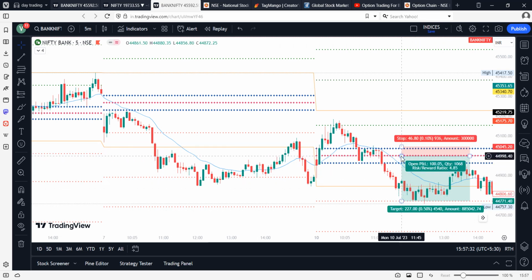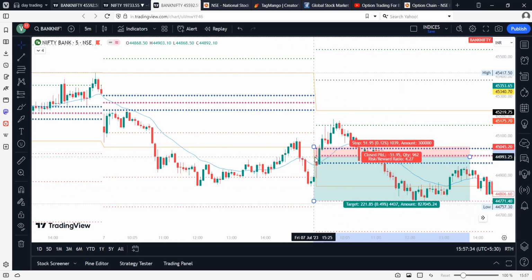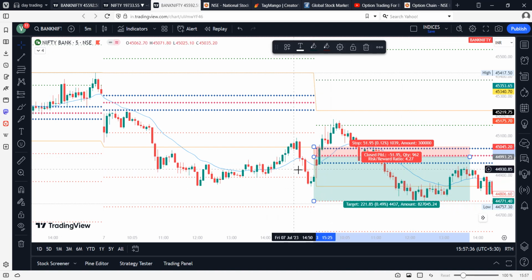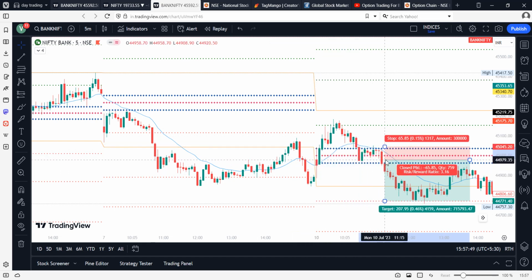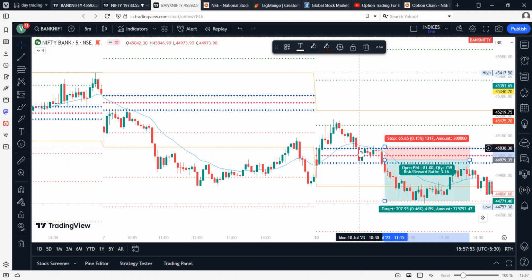What has happened this day? Okay, for the first 5-minute candle, it closed below the CPR, but the risk is so high, we can't take the trade at this moment. Now, let's see next time if the price comes here, what we have to do. At this candle, it is closing below the CPR with the rejection from the 20 EMA.